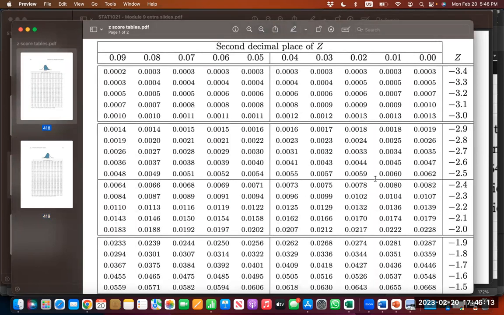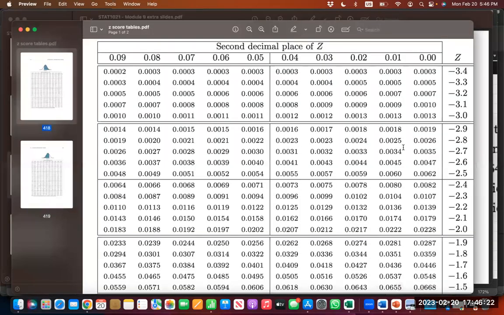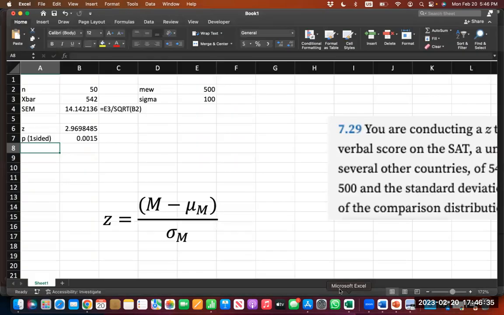So you get that with two way, so it was 2.97. So you either go to the negative and you read this value from here, which is 0.0015. So that's 0.15%. So 0.0015 and P two-sided.